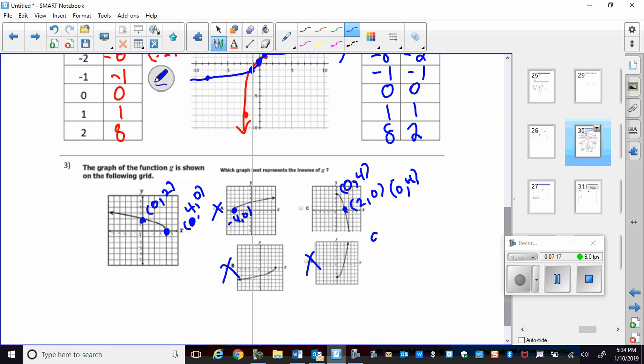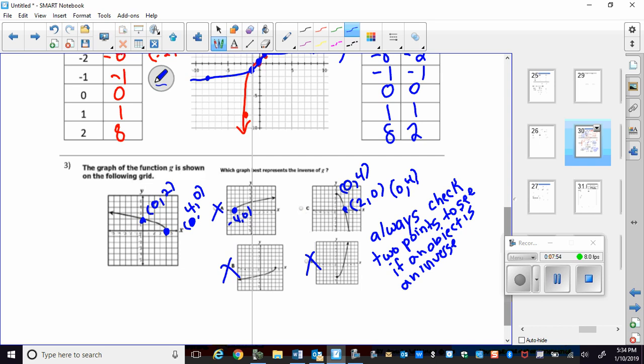So always check 2 points to see if an object is an inverse. So always check by switching the x's and the y's.